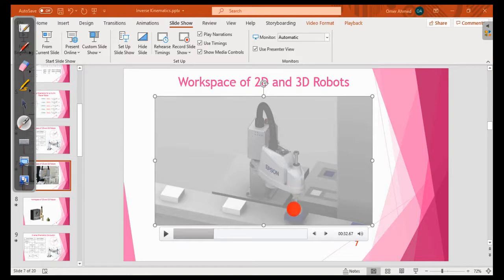Okay, if the robot wants to move its end effector coming out of the screen, it cannot, because it has only 4 degrees of freedom, and it is restricted by this limitation that in a 3D world, to describe the pose, we need at least 6 values, 3 for position and 3 for orientation, and this robot has only 4 degrees of freedom, so it cannot achieve any arbitrary combination of those 6 possible values.